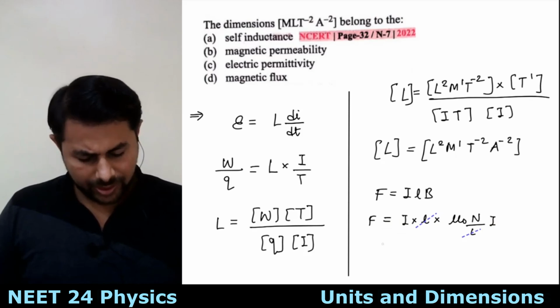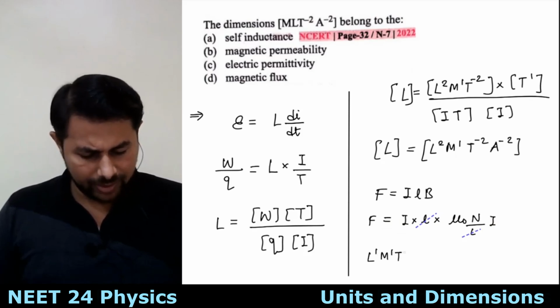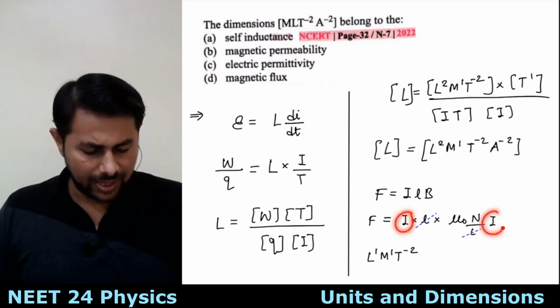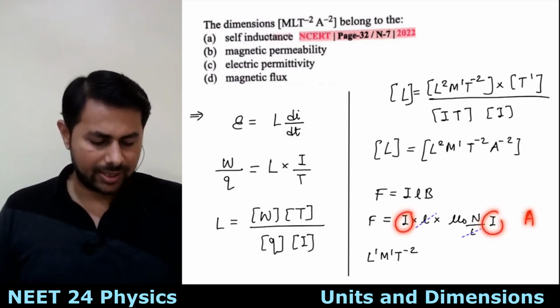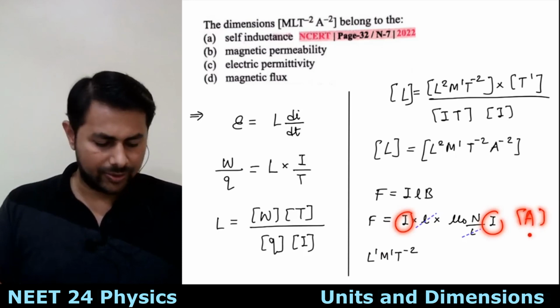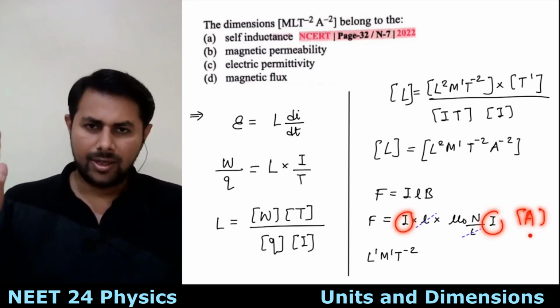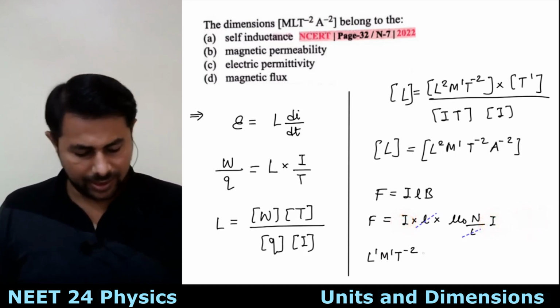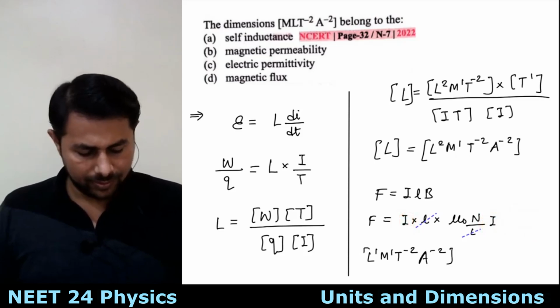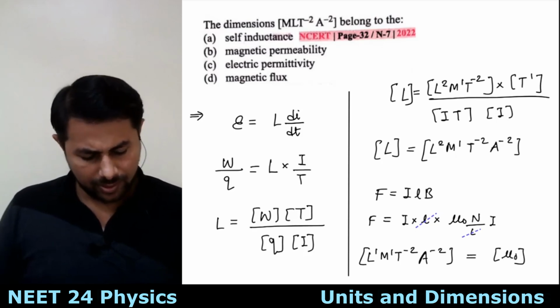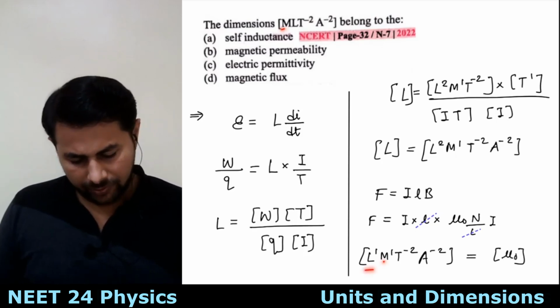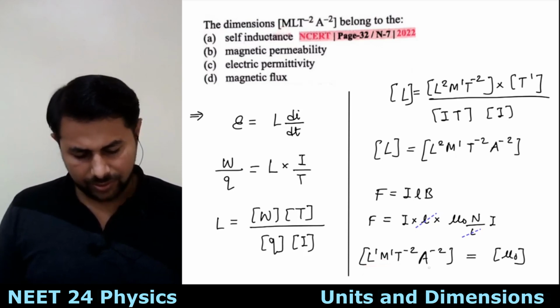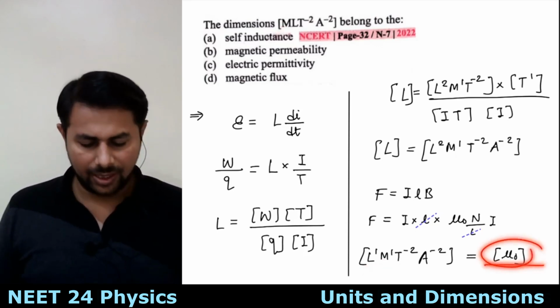So force is equal to M1 L1 T minus 2, and this is I, and I means dimensions are A, that is A square on this side, on the other side it will be A raised to minus 2, and that is the dimensions of mu naught. Okay, so are they matching? M1 L1 T minus 2 A minus 2, right? They are matching.